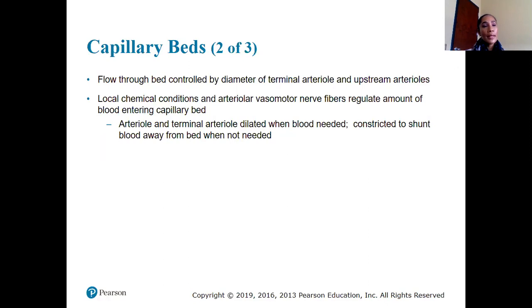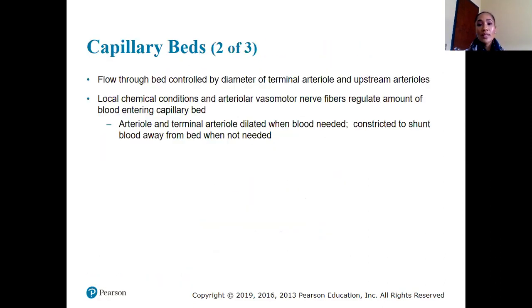Because when you think about it, if blood is flowing through the capillary bed to function in the exchange of gases, nutrients, and hormones, we don't want blood flowing through really fast. That doesn't give us a lot of time for these processes to occur. So we want to regulate the control of blood so that as blood is flowing through this capillary bed, we can make sure that things that need to be deposited into tissues get into the tissues, and things that we need to take out of those tissues get out of those tissues.